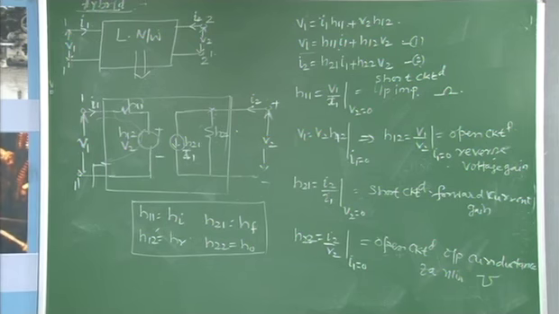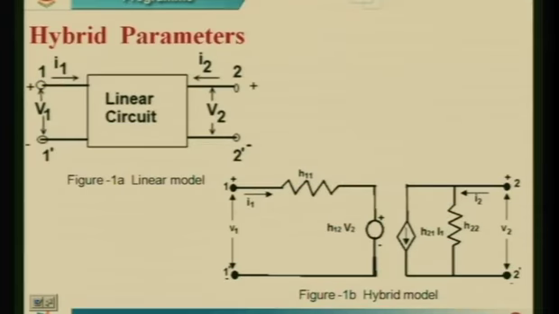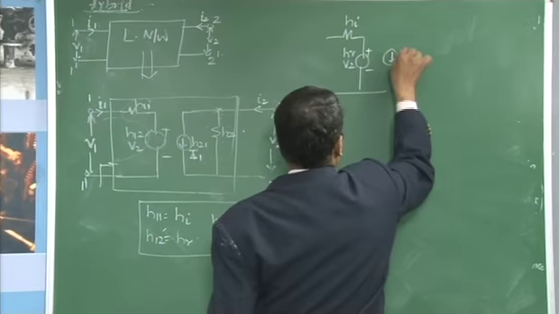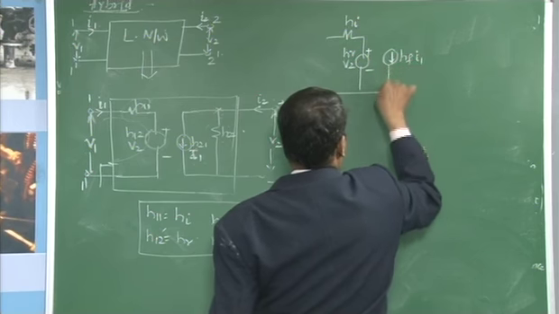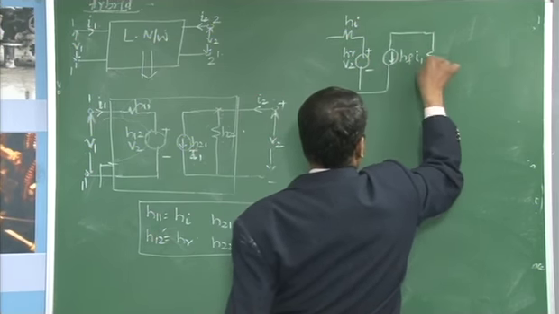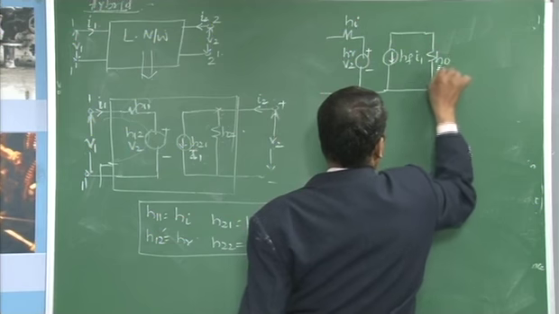Then this two port network is written equivalently. Instead of H11, H12, H21, H22, this can be defined as Hi, HR into V2, this is HF into I1, and conductance H0.